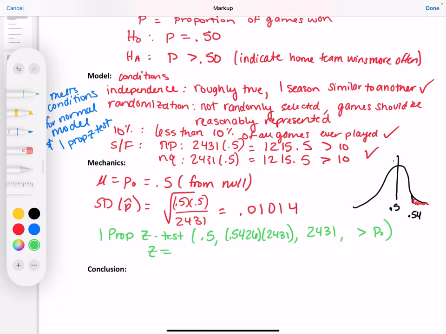Z-test. So 0.5. 0.5426 times 2431. And then less than or greater than P0, right? Yeah. Keeps it here. It can't.